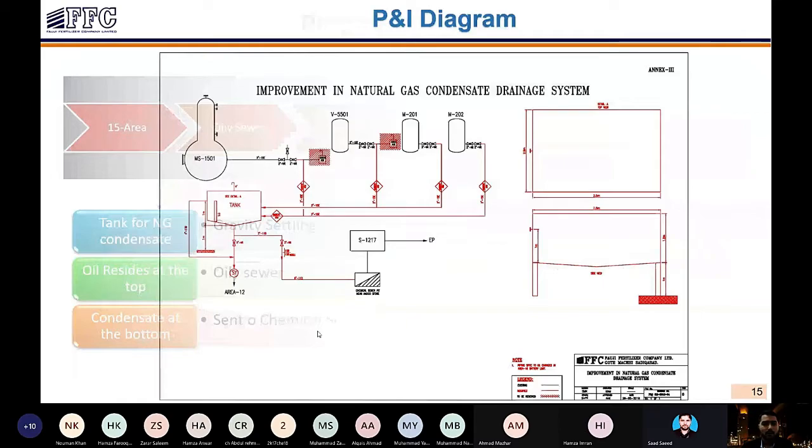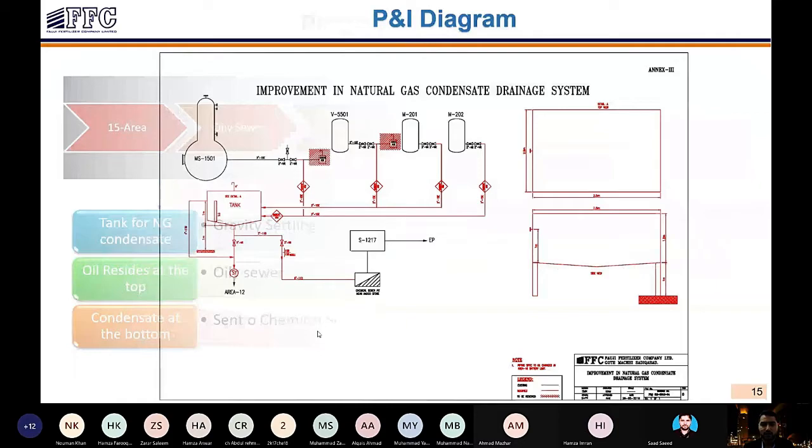Okay, thank you. This is the knockout drum, the knockout vessel available at the inlet of 15 area, in which natural gas enters from the top, and the condensate is collected at the bottom. This condensate was being sent to the oily sewer, but this is no longer the arrangement.